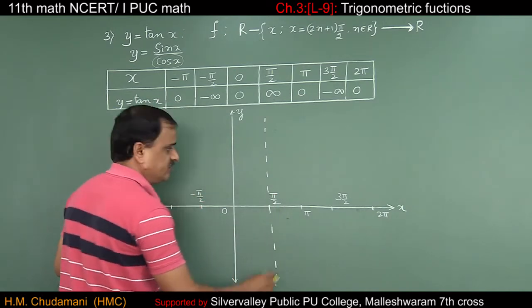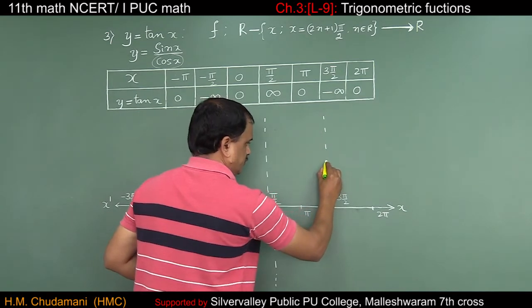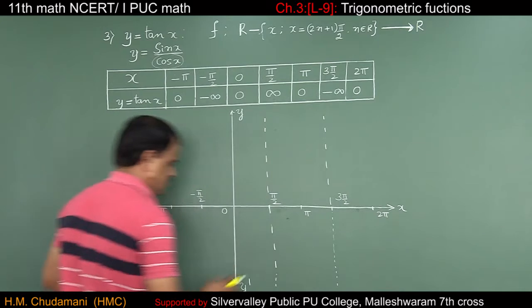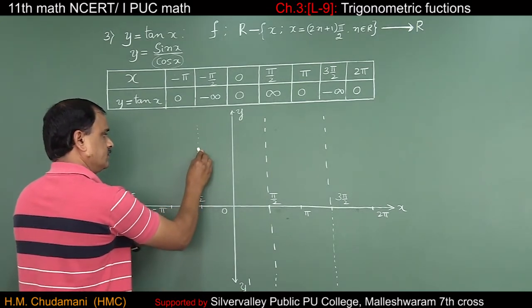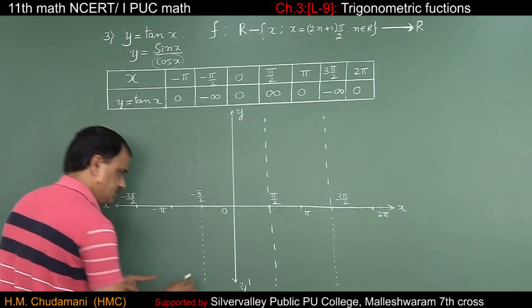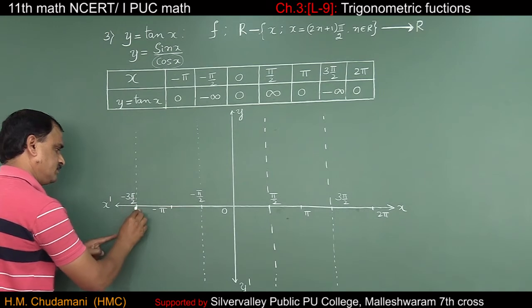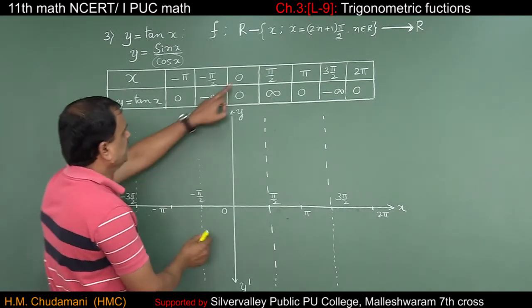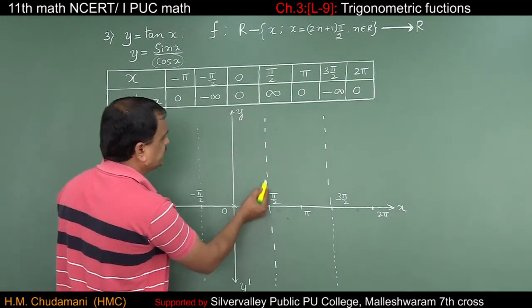3 pi by 2, then minus pi by 2, minus 3 pi by 2. Okay, see, tan 0 is 0, whereas tan pi by 2 is plus infinity.